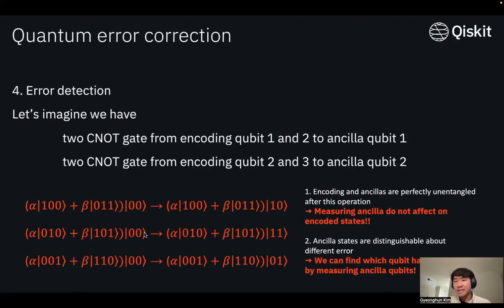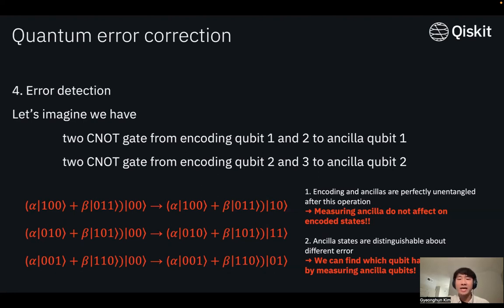The first one is that encoding qubits and unselect qubits are perfectly unentangled after this operation. If you look at the left-hand side and right-hand side, the unselect qubit states and the encoding qubit states are in a product state, which means that there is no entanglement between these two. So measuring unselect qubits does not affect the encoded state.